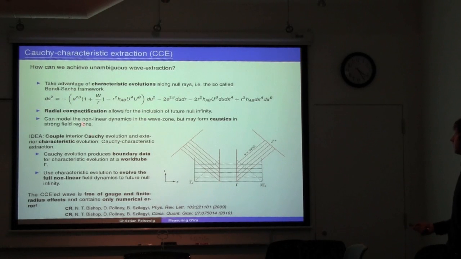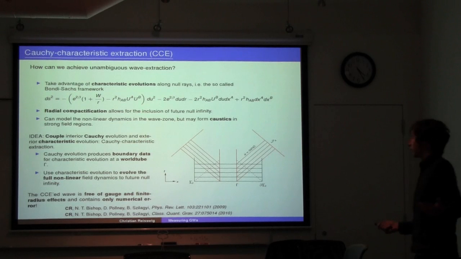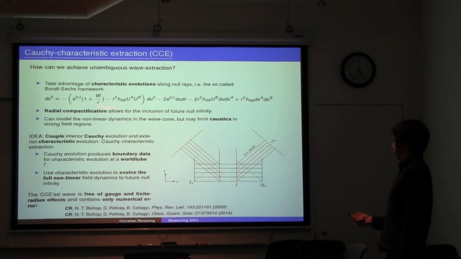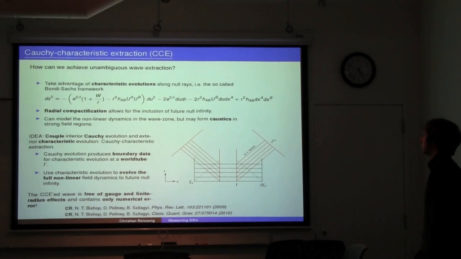The nice thing about this is that this scheme allows radial compactification without making the scheme inaccurate. And that enables us to place future null infinity on the computational grid.